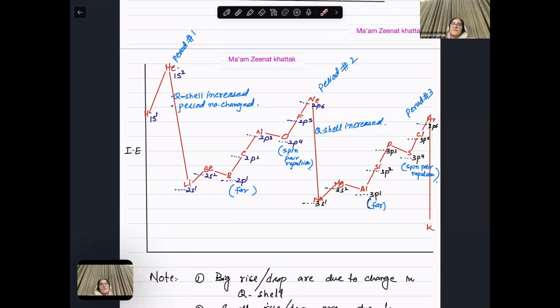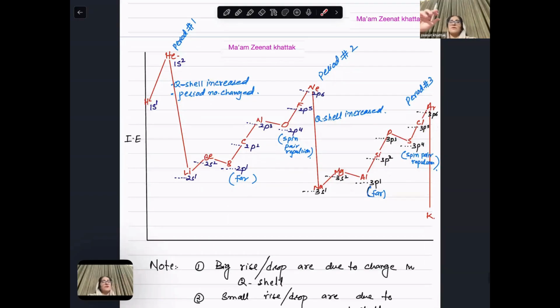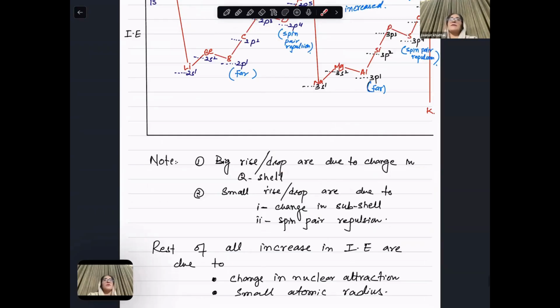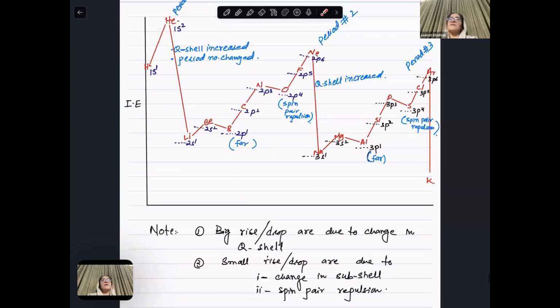So at the end, what is the conclusion? A big rise or drop is always due to a change in quantum shell. If I go this way, a rise; if I come this way, a drop, due to the change in quantum shell. Small rises and drops are due to a change in subshells and spin pair repulsion.